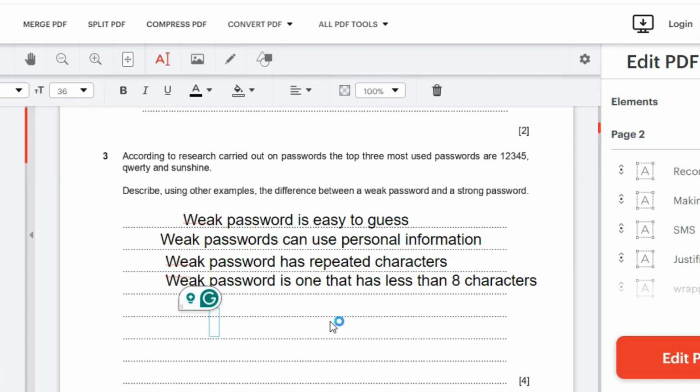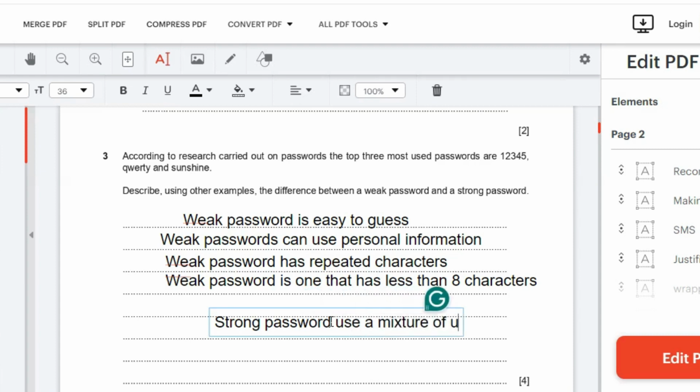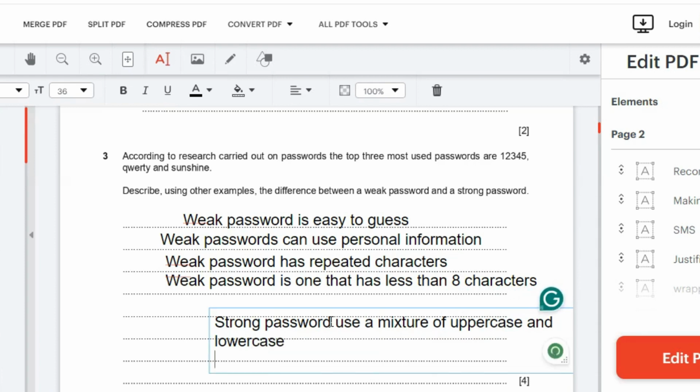Strong password uses a mixture of uppercase and lowercase. That's one. Another one is that strong password does not contain personal information.